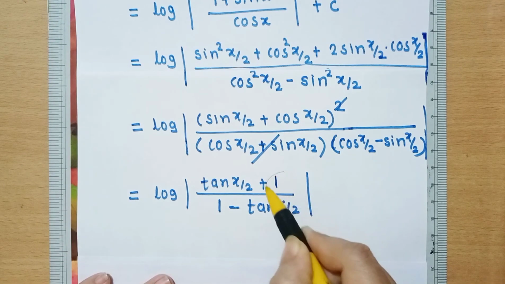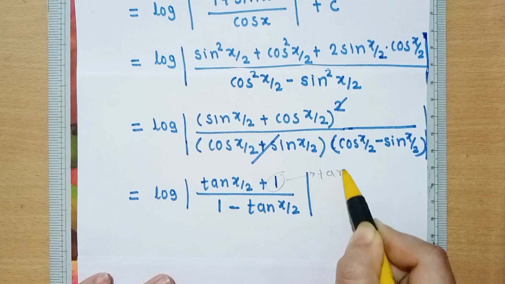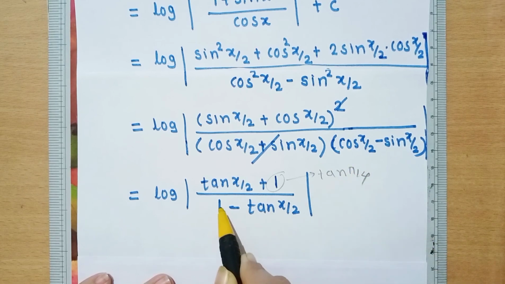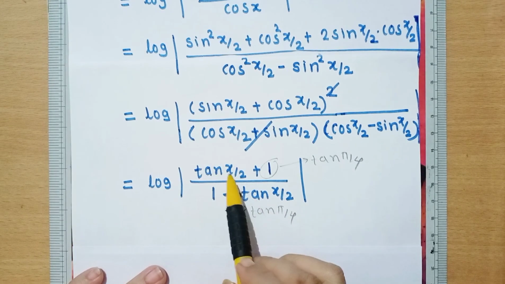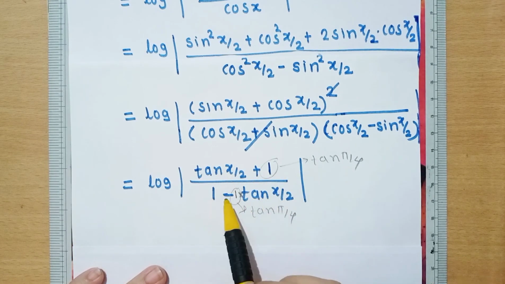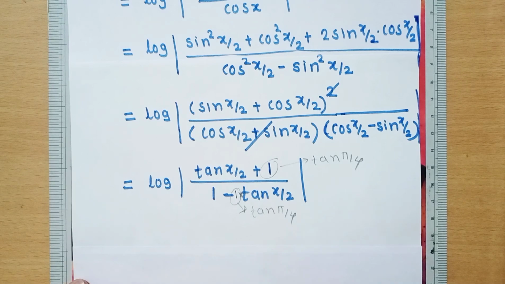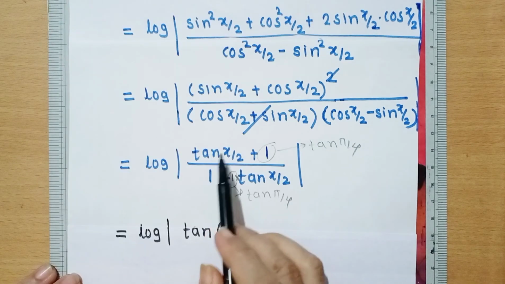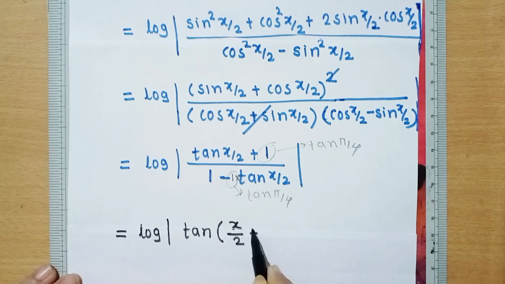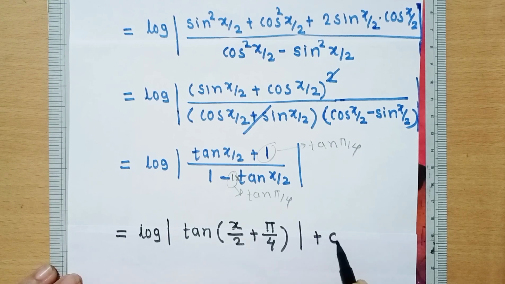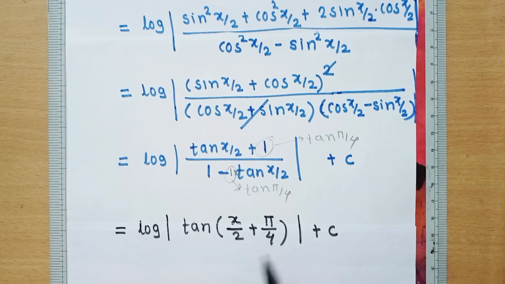Now we will consider this 1 as tan of pi by 4, and in the denominator 1 minus 1 into, and again this 1 we can write as tan of pi by 4. So we will use the formula tan alpha plus tan beta upon 1 minus tan alpha tan beta, and by this formula its answer is log of tan of x by 2 plus pi by 4, plus c. So this is the final answer.